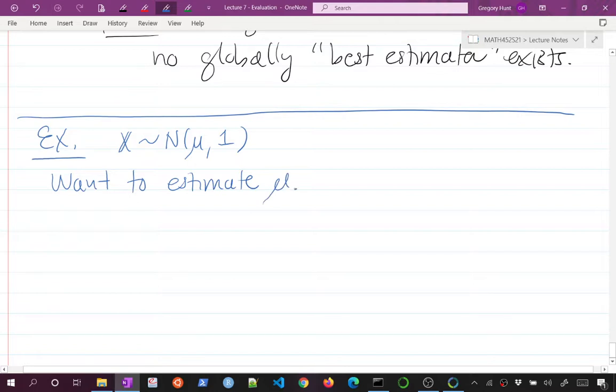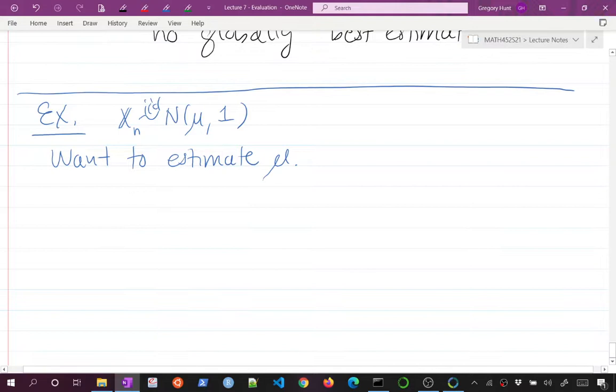You could assume there are multiple estimators. In fact, just to keep it from being too confusing, let's just assume we have a random sample. We have a lot of data from some normal distribution. We want to know the mean mu, and we want to form the best estimator.